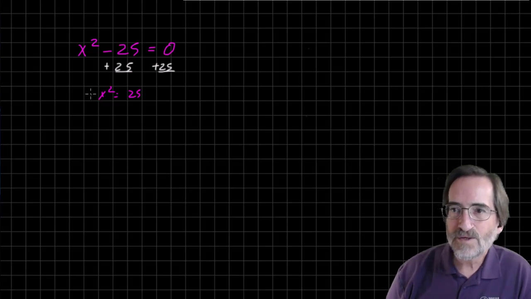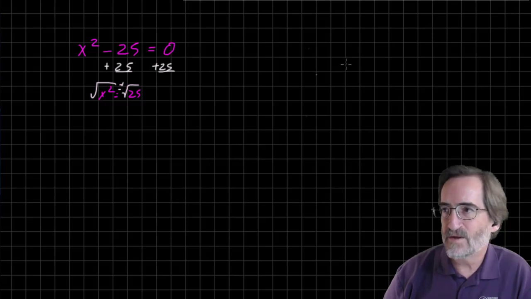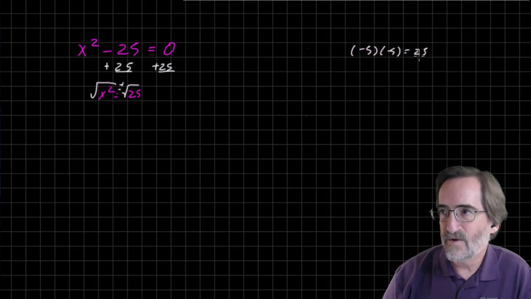But remember, when you square root, there are two solutions, positive or negative. And this is why. Negative 5 times negative 5 is positive 25. And positive 5 times positive 5 is also 25. So if I'm solving x squared equals 25, x can be negative 5 or positive 5.